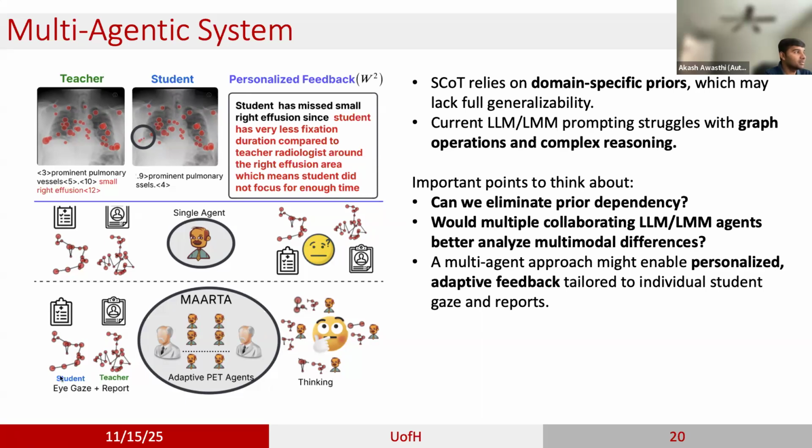Can we have multiple agents working together, looking at different subparts of the data, and finally analyzing the output and giving the answer? If we can do this, we may reduce the dependency on the prior, because we needed the prior in SCOT because of this long eye gaze data and the model was confused.